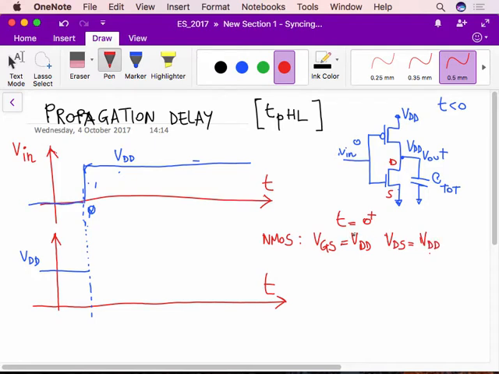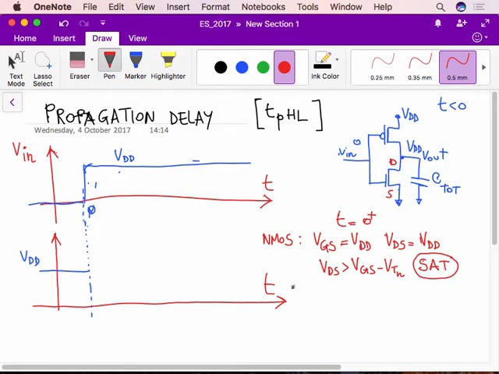In this situation, let's assume that VDD is larger than the threshold voltage, so the transistor is on. And also, in addition to that, VDS is larger than VGS minus VTN. So the NMOS is in saturation. Okay?